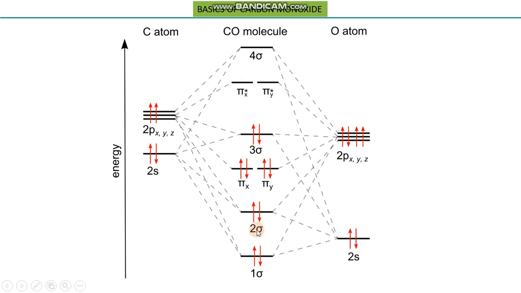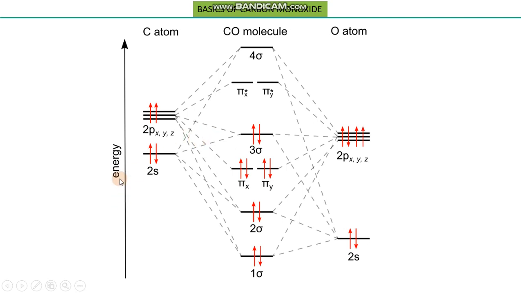Normally, if this sigma bond is lower in energy, its counter sigma star will be correspondingly placed. Pi stars are unstable as compared to sigma, so pi star will be highest in energy based on the counter orbitals.